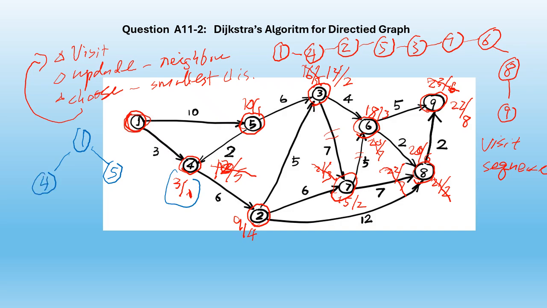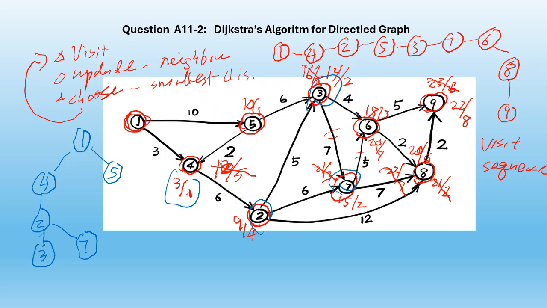Yeah, just look at this predecessor information, and number 2 is from 4. Okay, number 3 is from 2, okay, and then number 7 is also from 2.